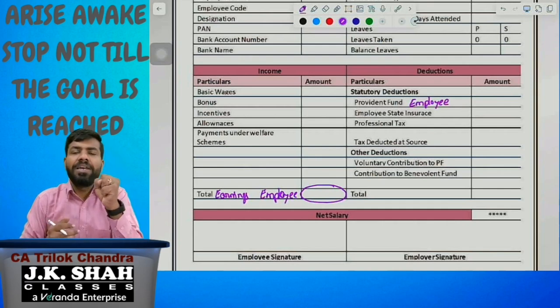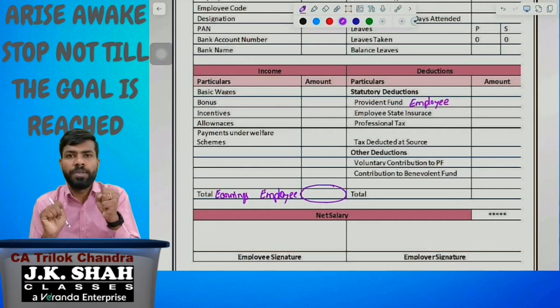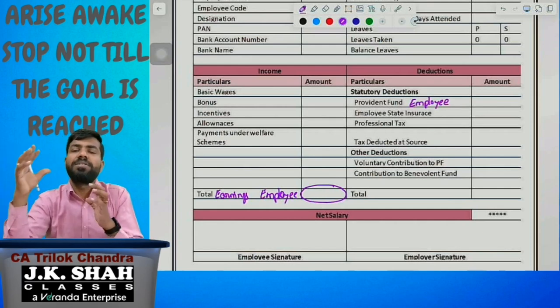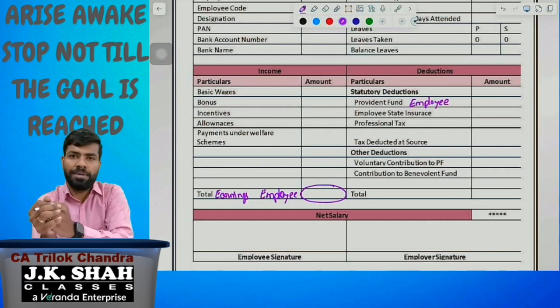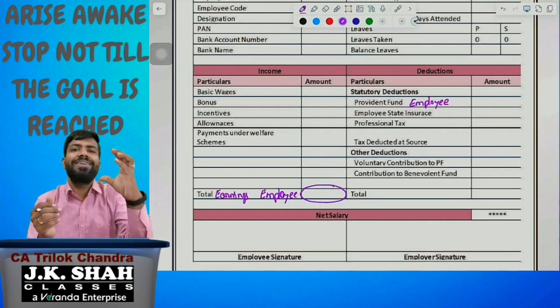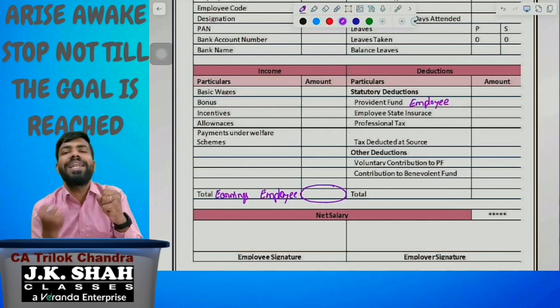From those earnings, I am going to make certain deductions according to statutory requirement. What the PF Act says is that some amount has to be contributed by the employee and some amount by the employer. The employee's contribution will be deducted from the total earnings.